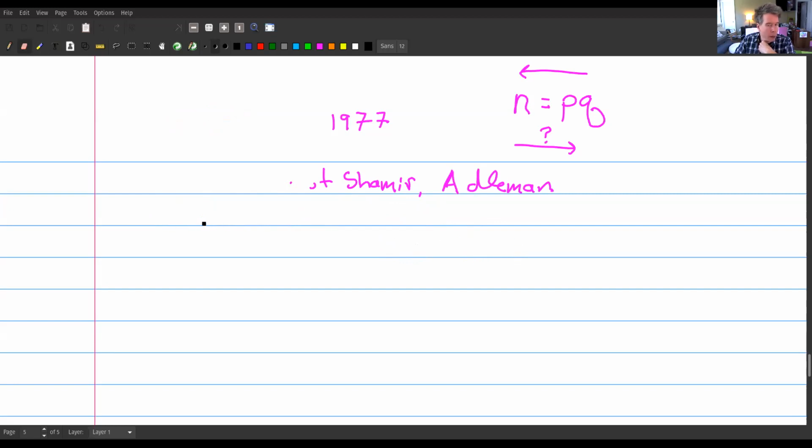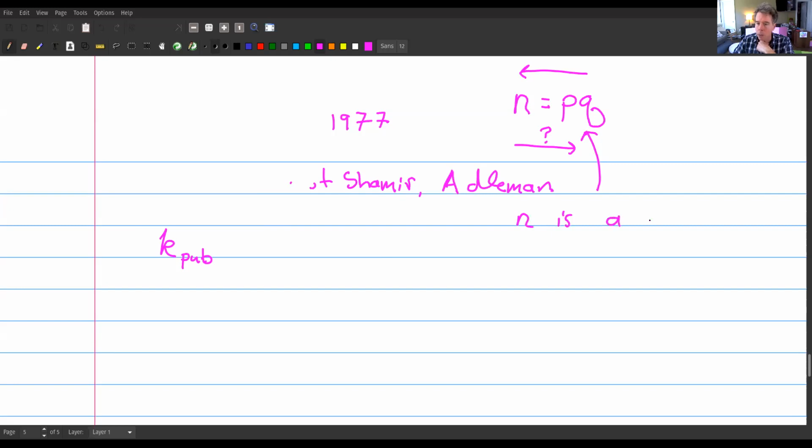Okay, so how does it work? What makes public key public key? There's some kind of public information and some kind of private information. In the setup here, n is a product of 2 very large primes.